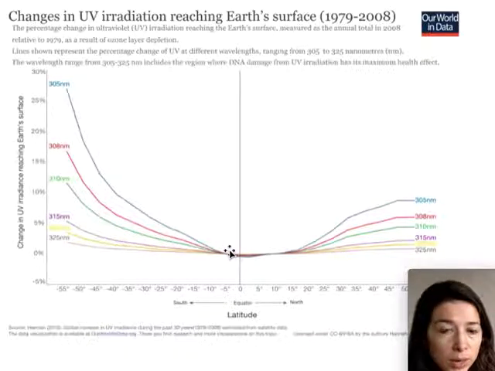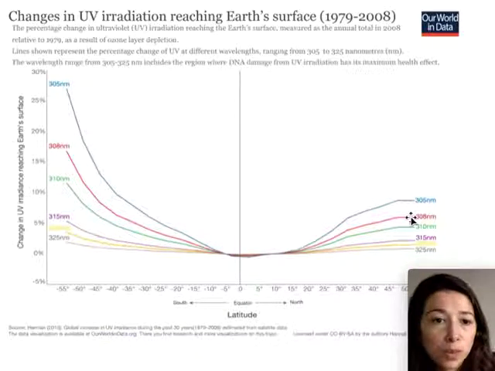Closer to the equator, maybe the difference isn't as stark. However, if we go back again to the other pole, we also see somewhere in the range of more than 5%, or around 10% of UV radiation is coming through now that wasn't getting through previously.